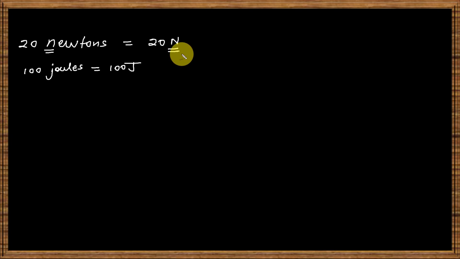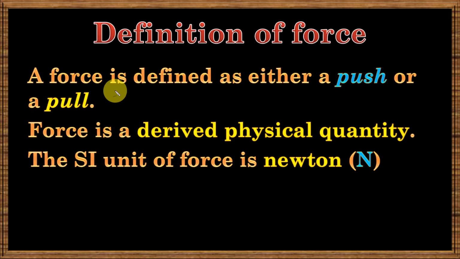Now let's look at the main points that we've been able to learn in this topic. We've already seen that a force is defined as either a push or a pull. So if in an exam at this level you are asked to define the term force, you will just say that a force is either a push or a pull.